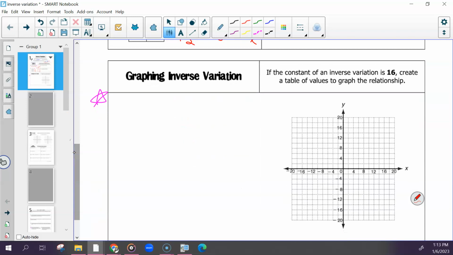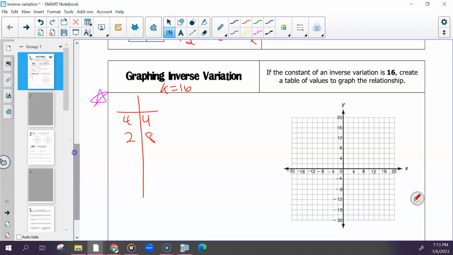So if we were to graph this, it tells us we have a constant of 16. That means our k value is 16. So in order to get that, think of numbers that multiply to be 16. Four and 4, and then 2 and 8.